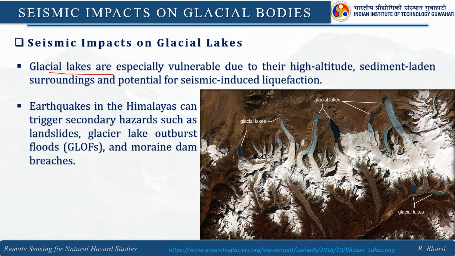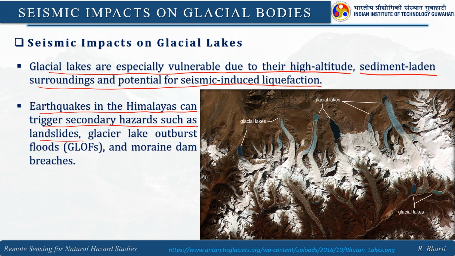The glacial lakes are especially vulnerable due to their high altitude, sediment laden surroundings and potential for seismic induced liquefaction. Earthquakes in the Himalayas can trigger secondary hazards such as landslides, glacial lake outburst floods and moraine dam breaches, right.